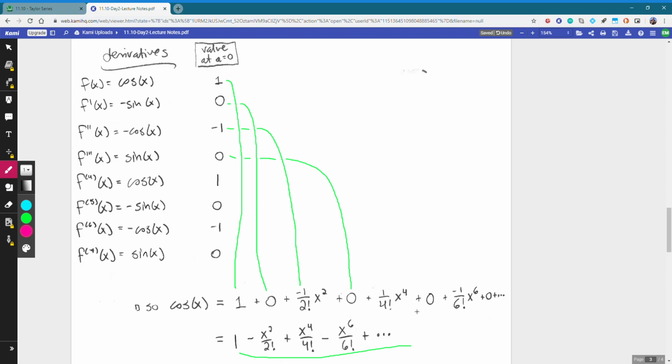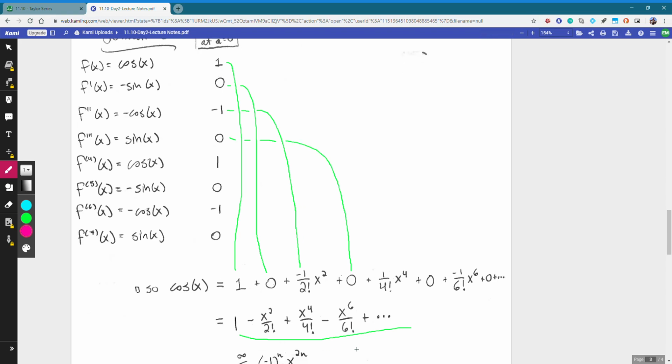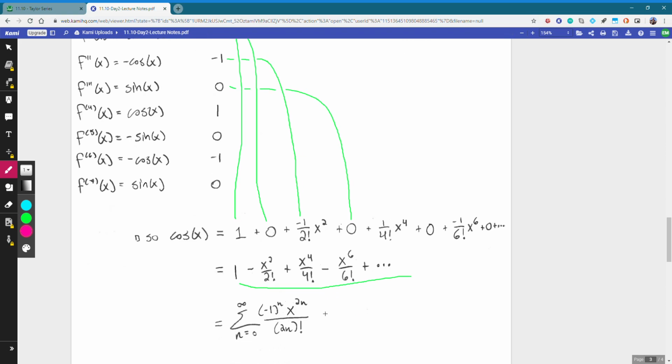And if we want to write this in standard form with summation notation, we just need to come up with our pattern here. Again, we have alternation: positive, negative, positive, negative. We have even powers of x and the same exponent down in the bottom. So it'll look pretty similar to sine.